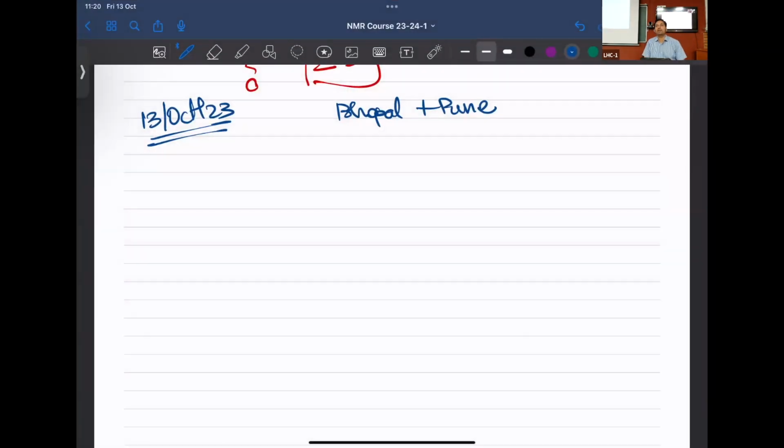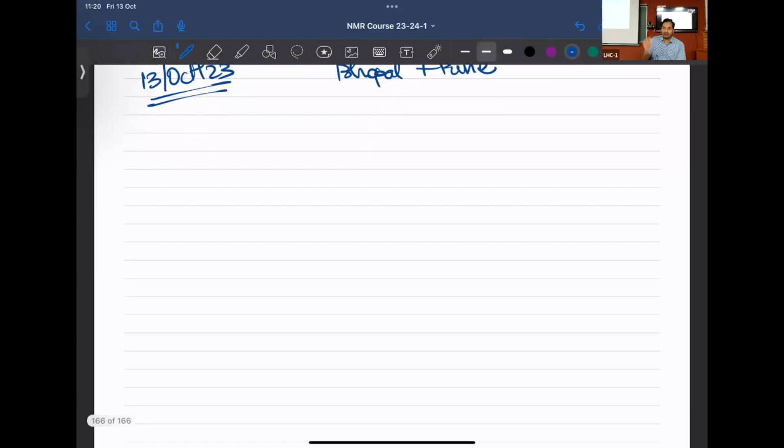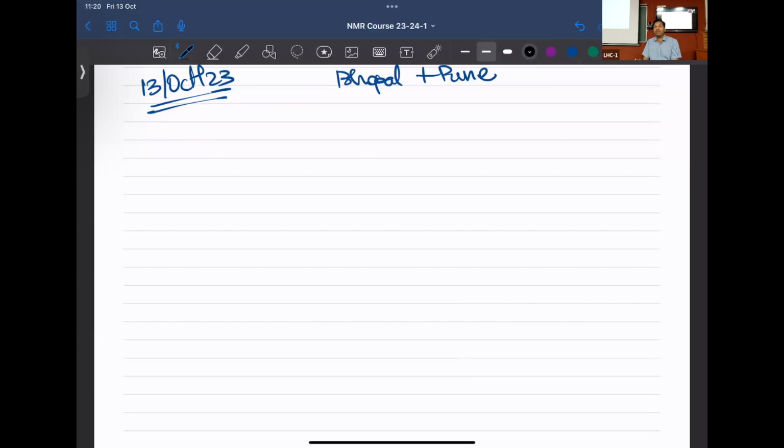Now let's go back to today's lecture and understanding how 2D NMR comes. Before going to how 2D NMR comes, let's rewind a little bit and ask how did 1D NMR work out? I know we keep going back and forth. The reason why we keep going back and forth is because then we will iron out so many concepts that we learned.